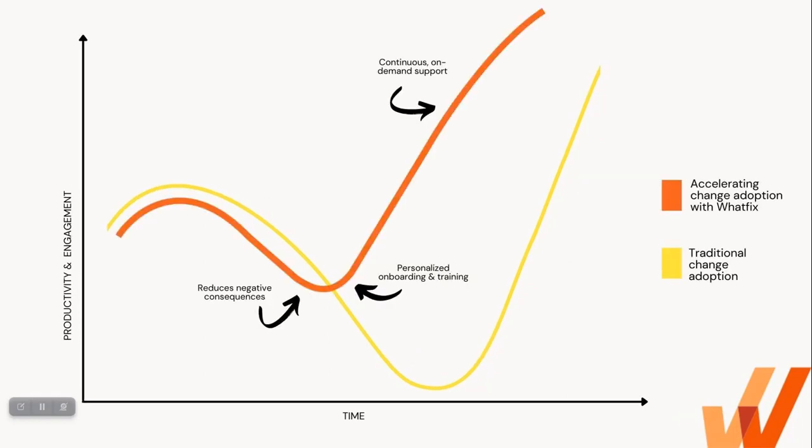And in the second graph we see that it reduces the negative consequences, with personalized onboarding and training, then continuous on-demand support, and this way the situation has improved much.